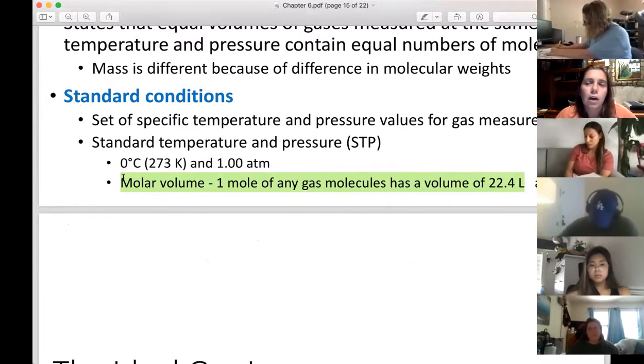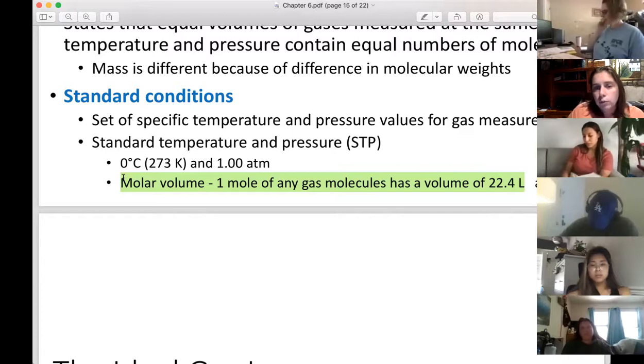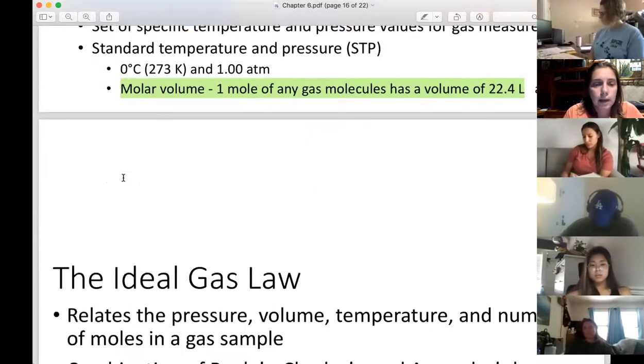But you can use Avogadro's law, because if it's at standard temperature and pressure, you have the equality of 1 mole equals 22.4 liters. That's often a way to help you get from a known volume to a known number of moles, which can then help you get to a mass of your sample, because if you know what the sample is and how many moles of it you have, you can use the molar mass to get that.